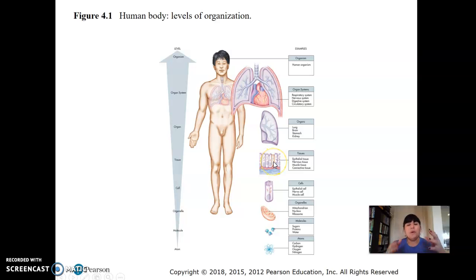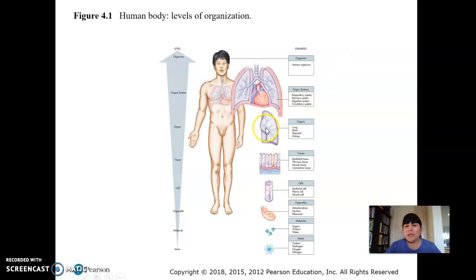Then when you put different types of tissues together, you get an organ. For example, what's this organ? The lung. This organ is made out of different tissues that together have a specific function. So the lungs, the liver, the kidneys, bone. Bone is an organ. Blood vessels, actually, are an organ because they're made out of more than one tissue.